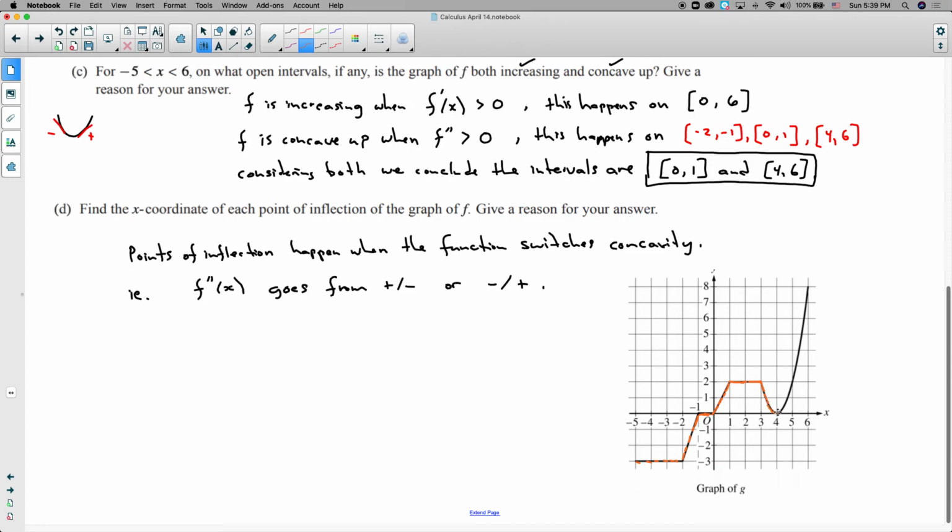And then here it switches from negative to positive. Okay, so that's the only place. So let's see, this happens at x equals 4. Okay, so there you go.